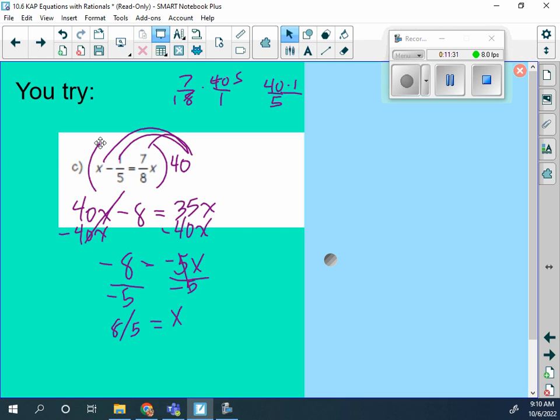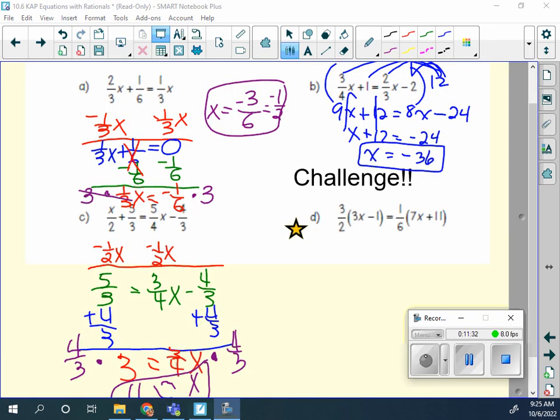Miss Taylor's going to come over. So just pause. Okay, so on D, which by the way, if you're just tuning in, you can look and see Miss Taylor's work. She did not record the video. So go ahead and take a look and see how she did it without eliminating the denominator. On D, what we have now is the distributive property. So basically, I'm still going to do the same way, and then you're going to see something that happens kind of different.